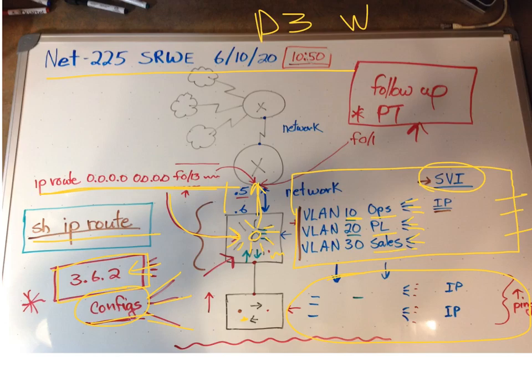And then the key thing is to do the packet tracers and follow-up for Module 4, and we'll start off on Thursday with some review items. We'll take a look at some items that we've been working on, and then we'll take a look at your configuration. So that's it.